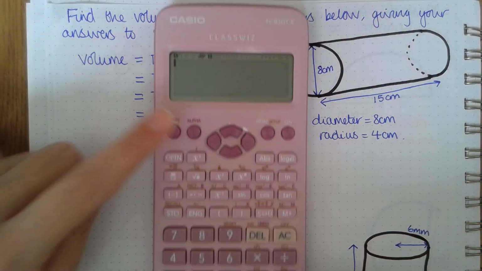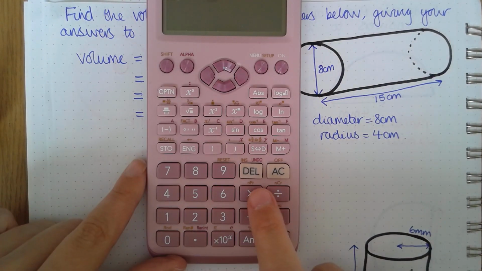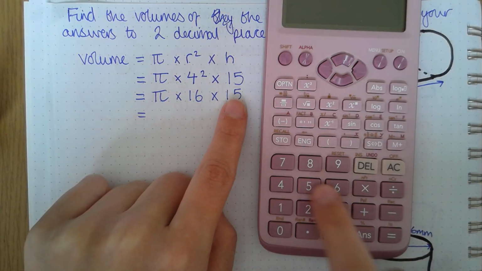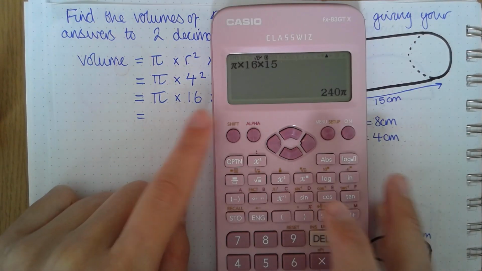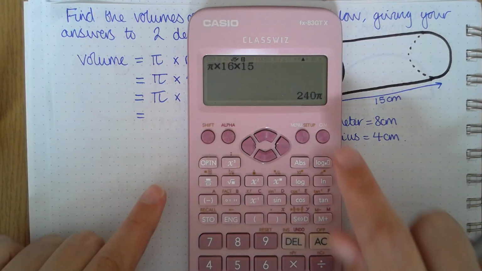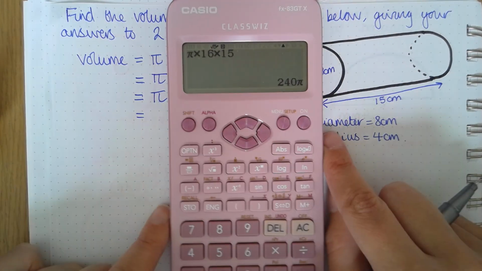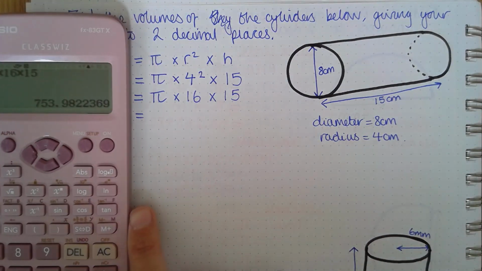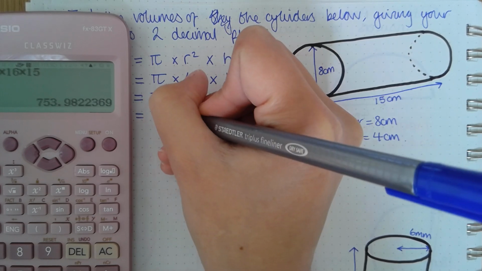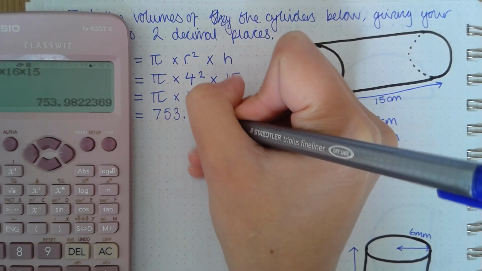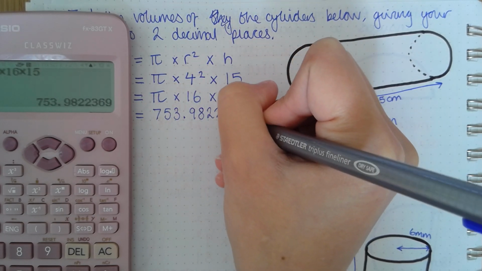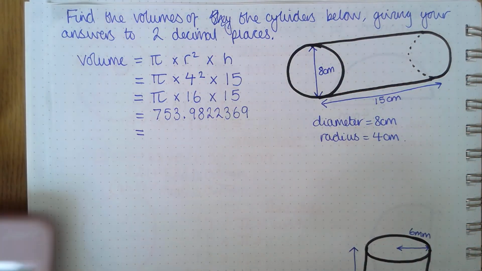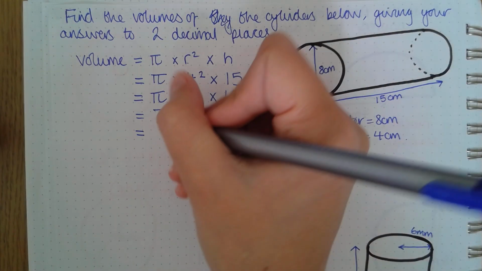So I've got shift pi times 16 times 15 equals, so pi times 16 times 15, 240 pi, but I want the decimal, so S arrow D. So I've got 753.9822369.